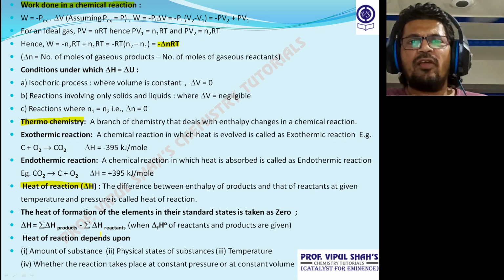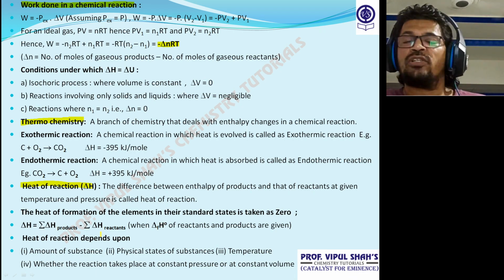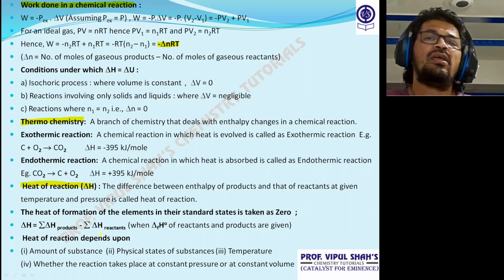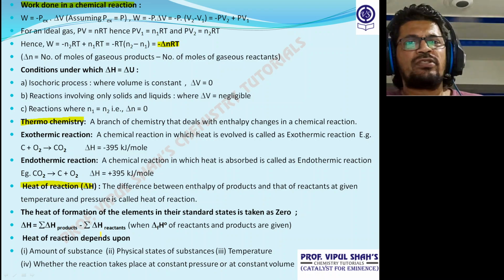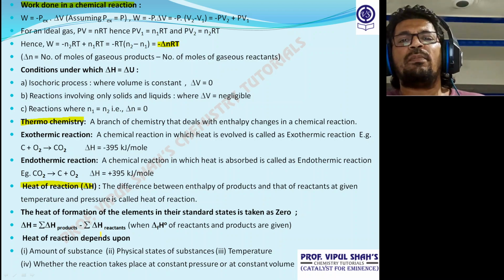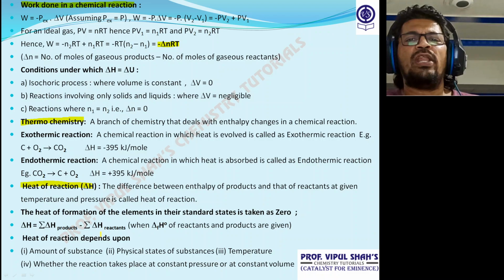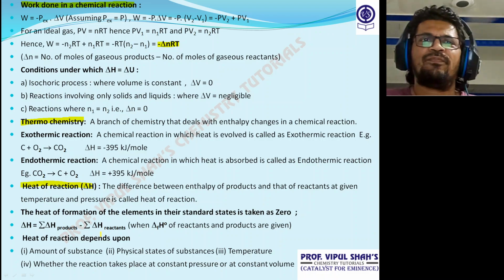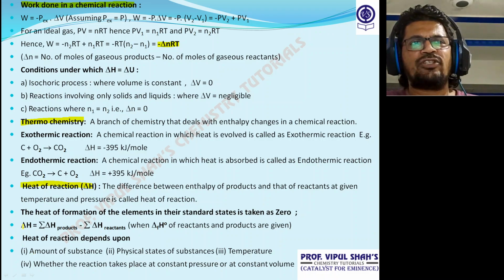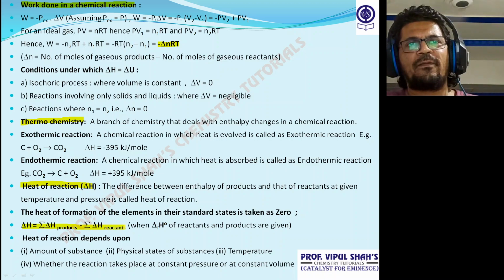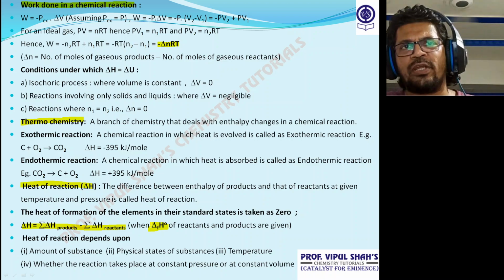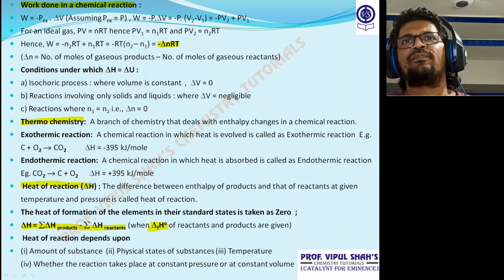So if all formation values are given, listen to this very carefully, these are the tricks involved. If enthalpies of formation are given for reactants and products, then delta H will be the summation of all the enthalpies of the products minus the summation of all enthalpies of reactants. That's this formula, delta H. When all formation values are given, keep in mind this variable, formation, okay?